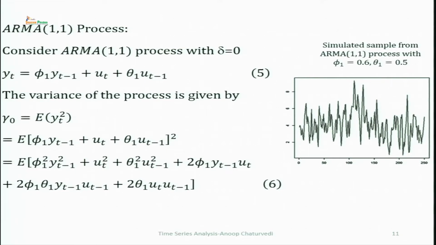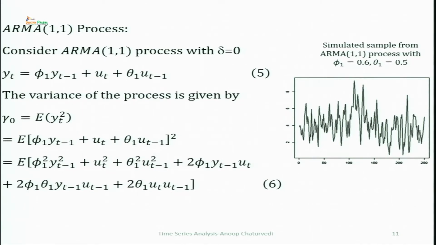The variance of the process is given by, say, gamma naught equal to expectation of y t square. So, we take expectation of (phi 1 y t minus 1 plus u t plus theta 1 u t minus 1) whole square.